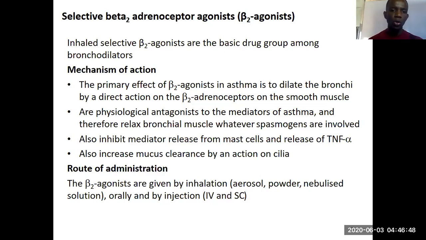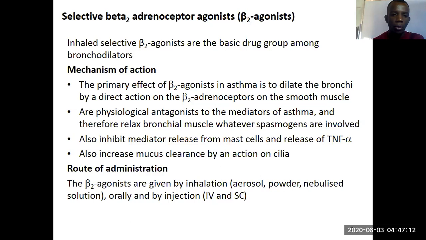Then also, they inhibit mediator release from mast cells and release of tumor necrosis factor alpha. They also increase mucus clearance by action on cilia. So, in as much as they are blocking the mediators to cause bronchodilation, they are also working on cilia to increase the sweeping of this mucus.